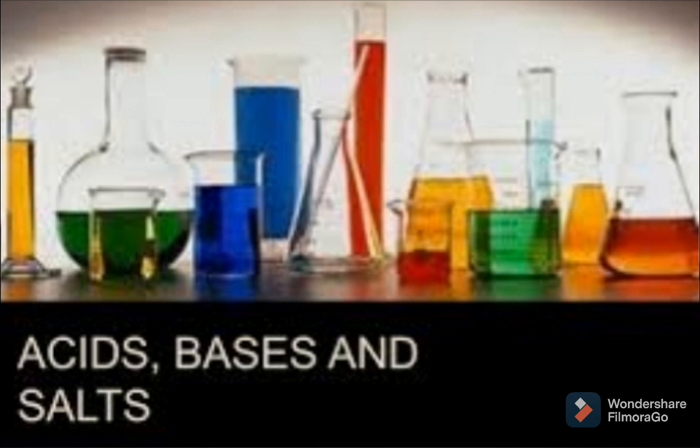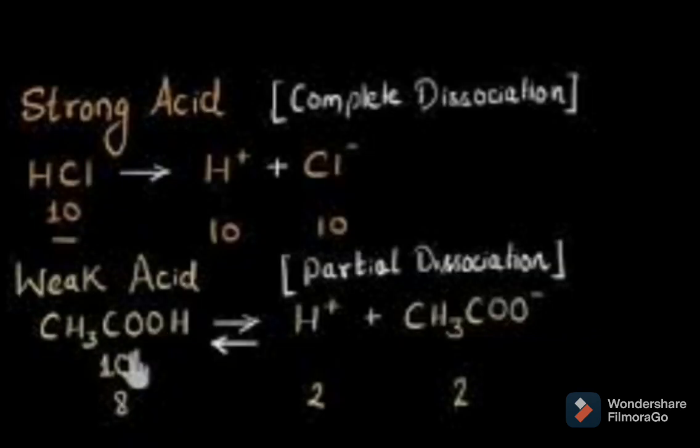So normally students, what is meant by acid? An acid is defined as a substance which on dissolution in water furnishes H plus ions as the only positively charged ions. Meaning, when we dissolve this acid in water, that acid undergoes complete dissociation.